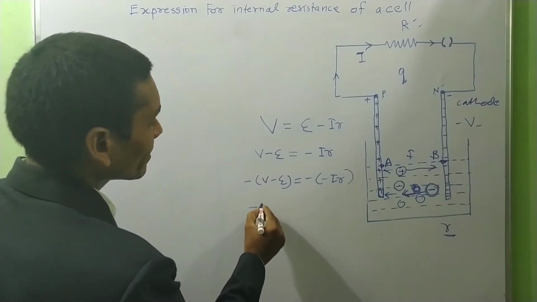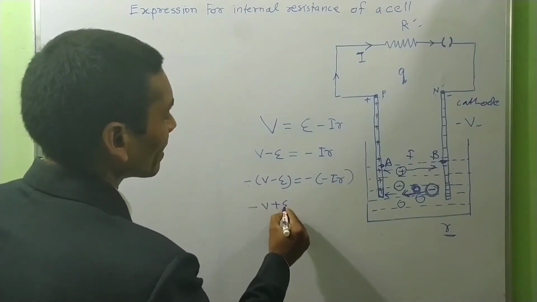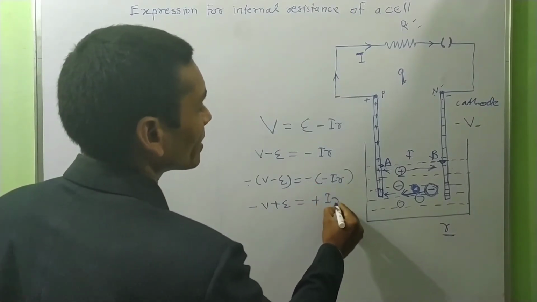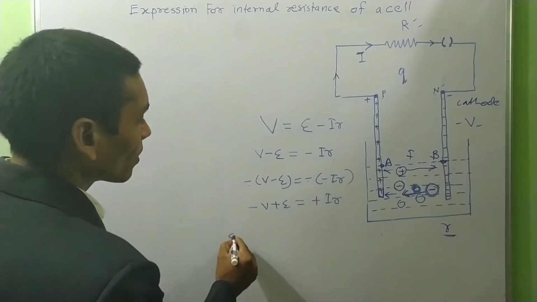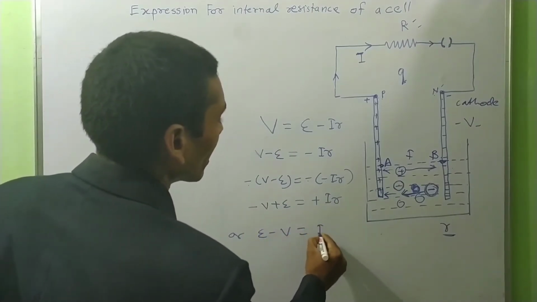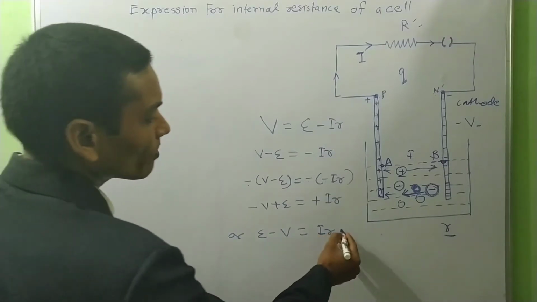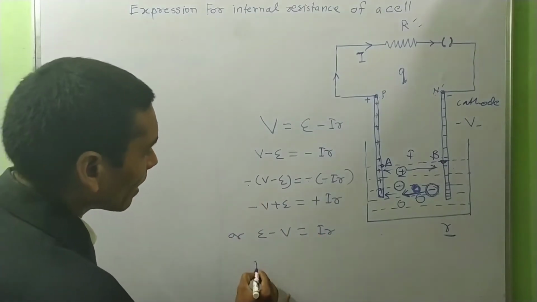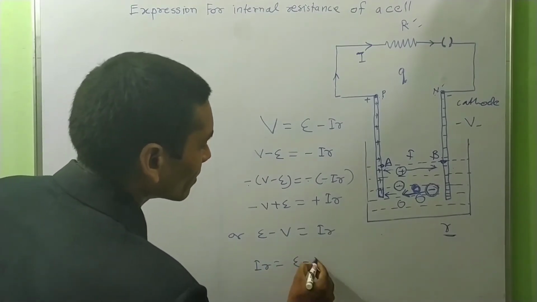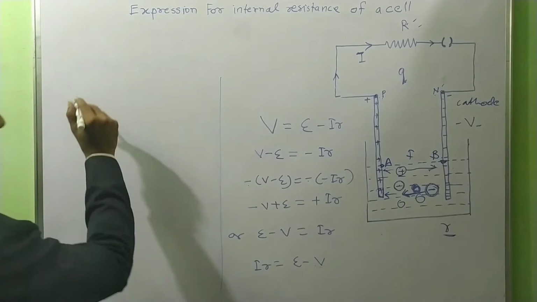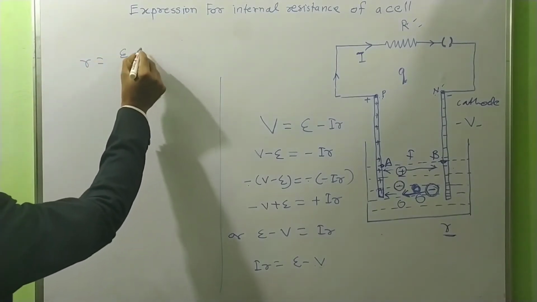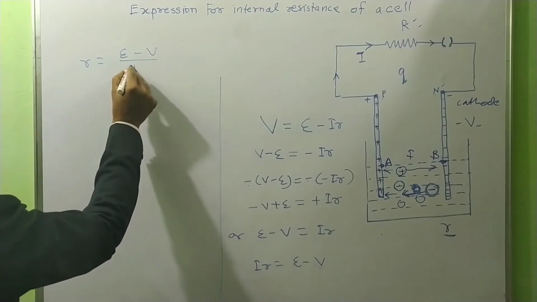Minus into minus gives plus epsilon, and minus into minus gives plus I into r, or epsilon minus V equals I into r. From this equation, I into r equals epsilon minus V, or r equals epsilon minus V upon I.